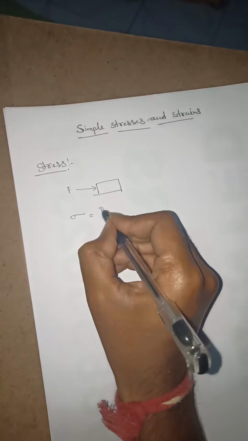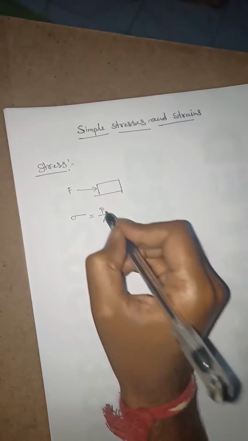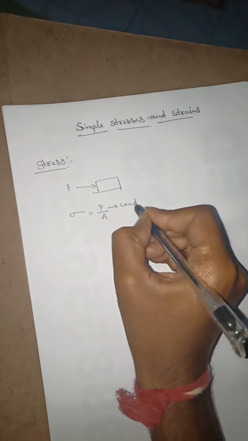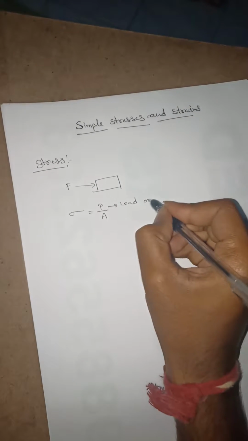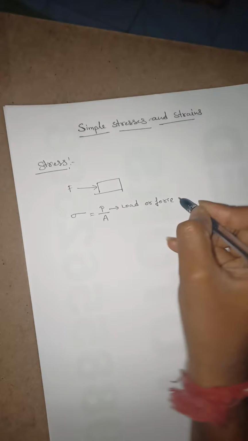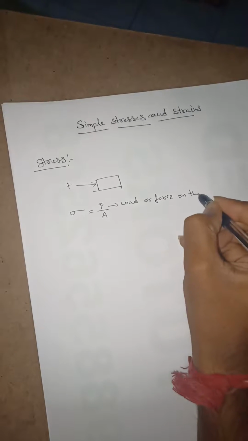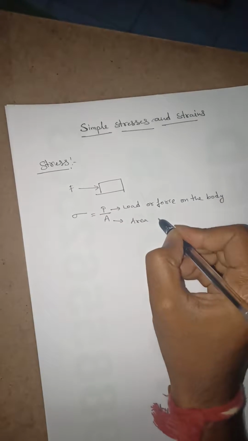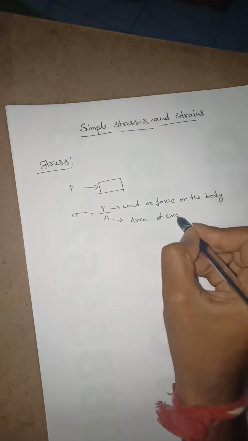It is designated as sigma, that is equal to P by A, where P is the load, or force on the body, and A is the area of cross section.